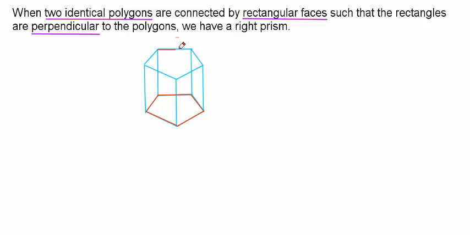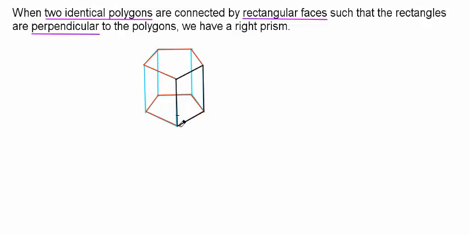And here's one at the top. And the polygons are connected by these rectangles out here, such that each rectangle is perpendicular to the face of the polygon. That's what a right prism is.